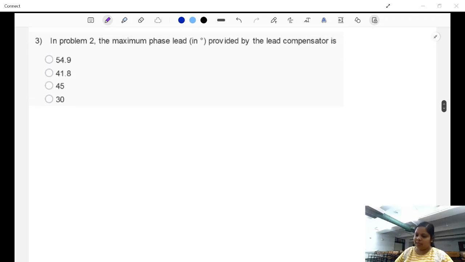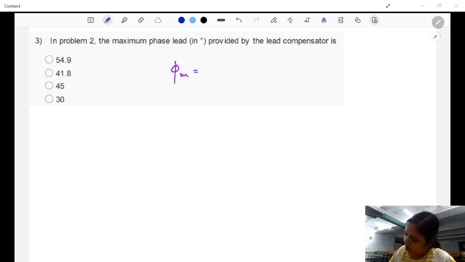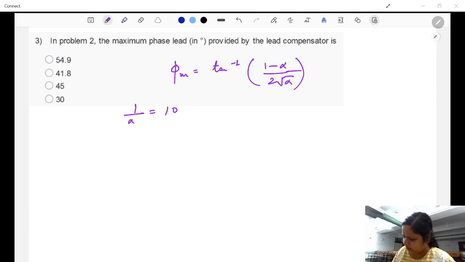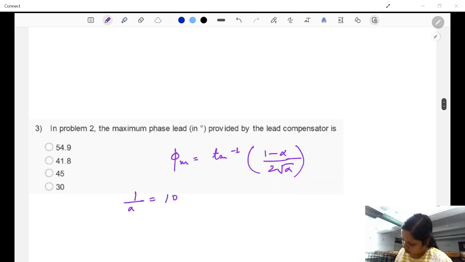In the same question, the maximum phase lead provided by the lead compensator is, what is the maximum phase lead? We already saw now. It is tan inverse of (1 minus alpha) upon 2 root alpha. Okay. We already know from the last question that 1 upon alpha is, was it 10? Let me check.